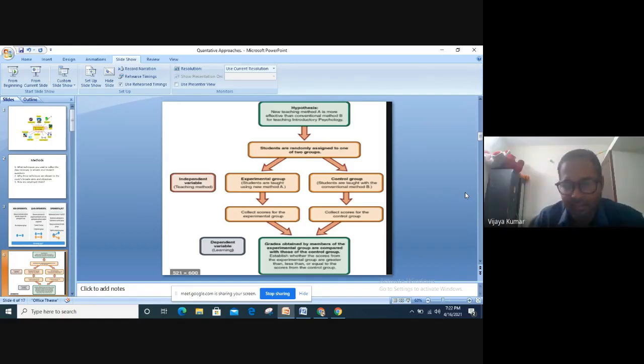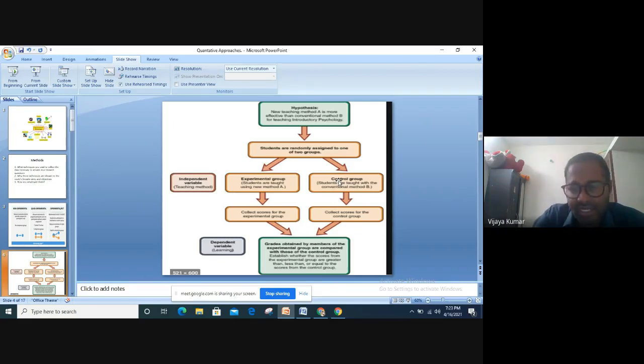Step 3. Now, Mr. Charles has two groups of students. One group is called the control group, who are taught using the conventional method. And here he has an experimental group where he has instructed them using the new method. So the new method is experimental and the old method is the conventional method. You can call it method A and method B for easy convenience.